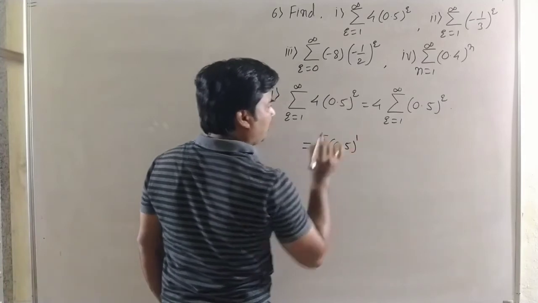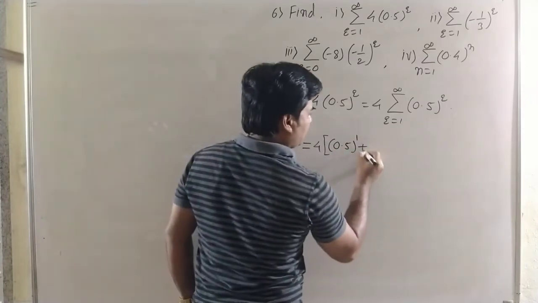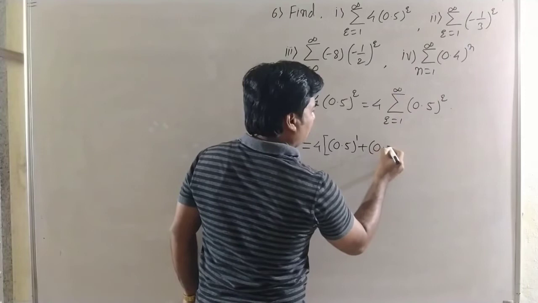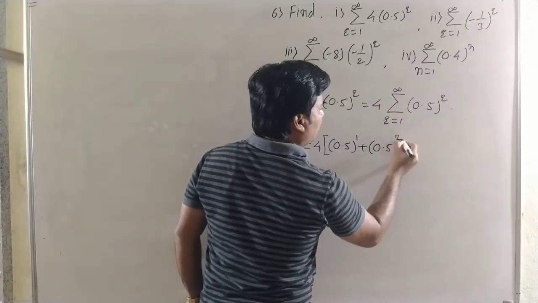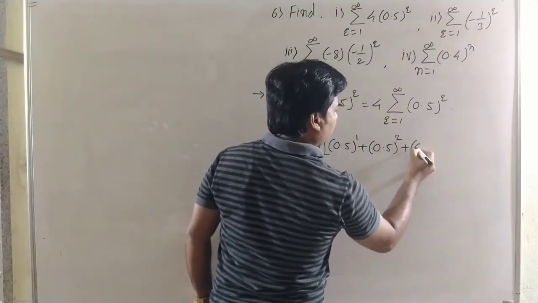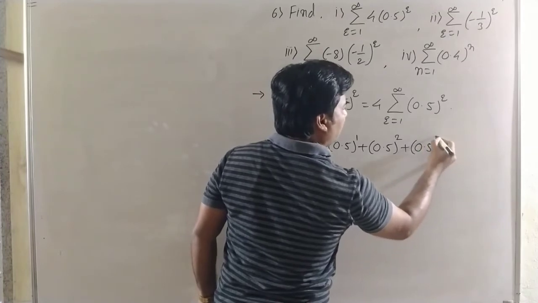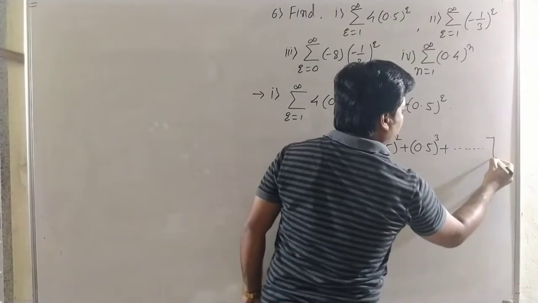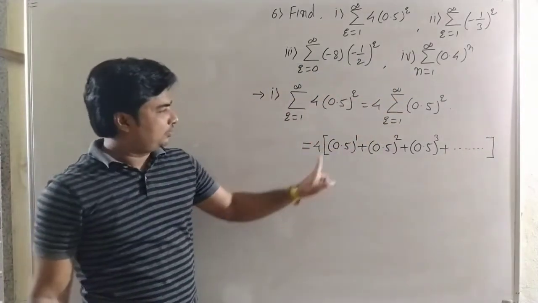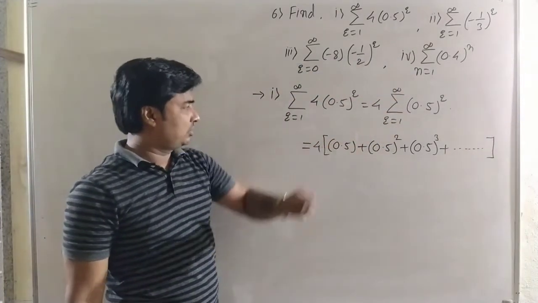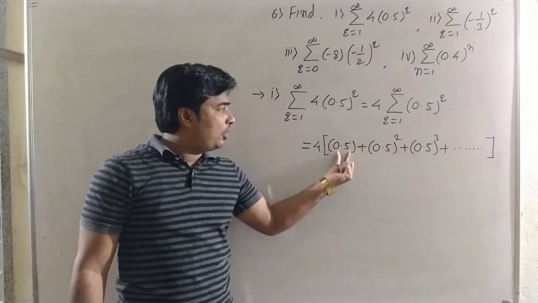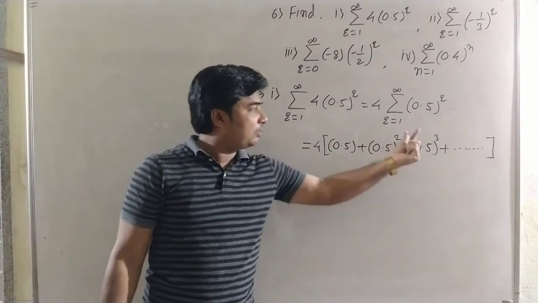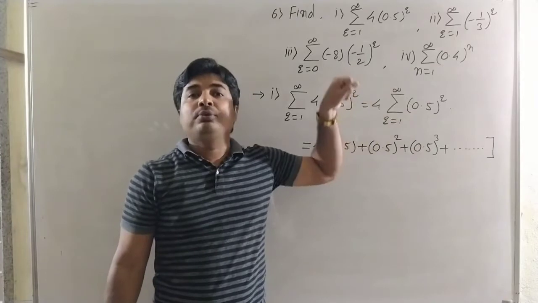0.5 to the power 1, that means 0.5, plus 0.5 to the power 2 plus 0.5 to the power 3 plus and so on up to infinite. Okay, now see carefully here. The 1 is not necessary to write here. It is 0.5 plus 0.5 square plus 0.5 cube up to infinite.